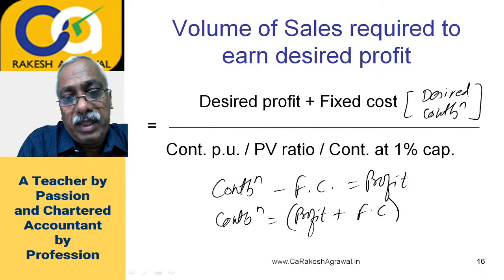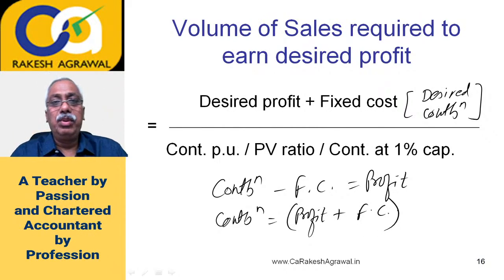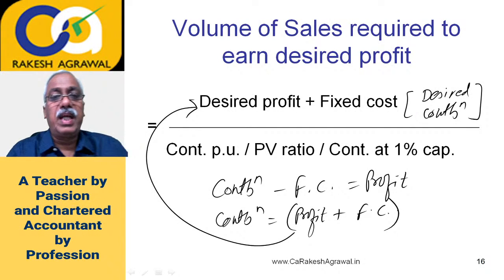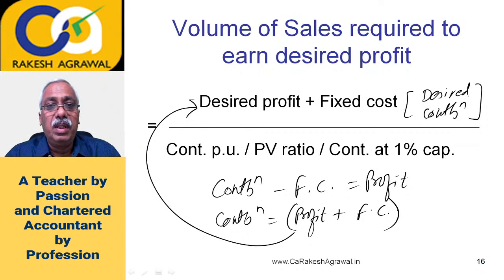It means profit plus fixed cost is nothing but contribution. So desired profit plus fixed cost is nothing but the desired contribution. And again, desired total contribution divided by contribution earned on 1 unit gives you the number of units to be sold to achieve that profit. So this logic and the BEP formula logic are one and the same.